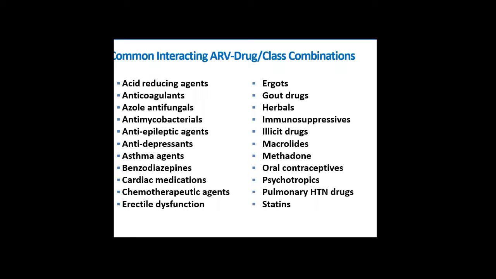But basically, many drugs that we use in combination with antiretrovirals for treatment of other conditions in our patients are on this list, like acid-reducing agents, anticoagulants, azoles, drugs used to treat mycobacterial infections, anti-epileptic drugs, antidepressants, asthma, benzos, many cardiac medications, erectile dysfunction meds, etc. These are broken down extensively in the guidelines, and we'll go through a few examples.